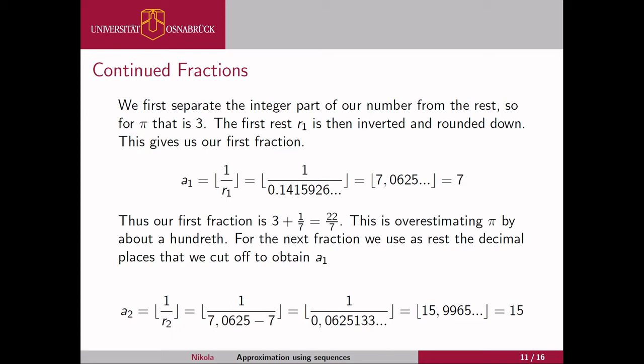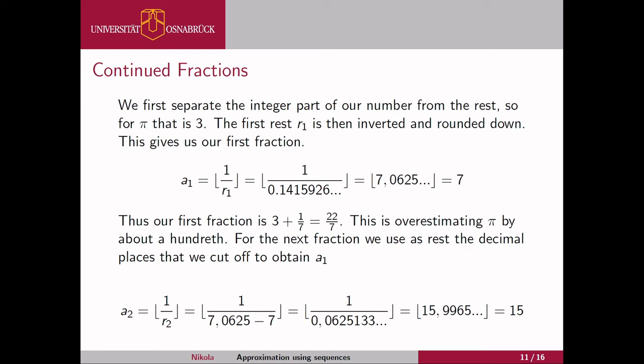We get the first term, which is 3. This is just our integer term in front of the continued fraction. It's not part of the continued fraction. And then the first fraction is 1 over 7. So this is the first term. This is our first approximation. And it yields 22 over 7. And this is already a very good approximation.